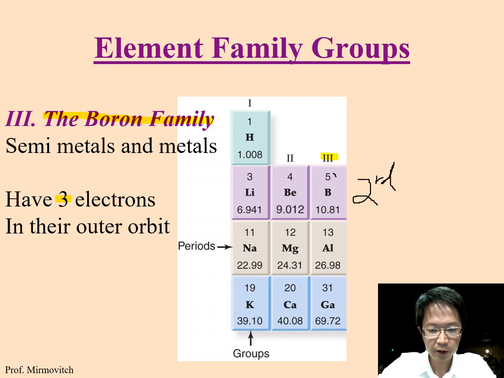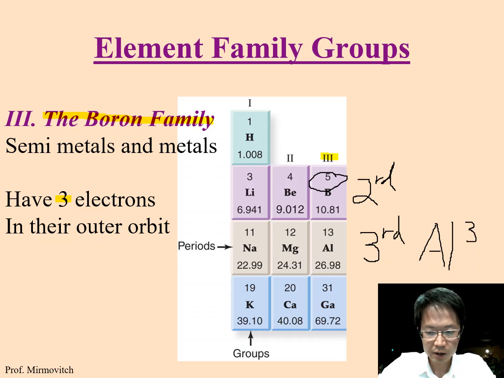You can see that 5 is the atomic number. That means it has 5 protons, and then that means it has 5 electrons. So 2 electrons on the first orbit and then 3 electrons on the second orbit. Aluminum has 3 electrons on the third orbit. When it becomes an ion, it is Al3 plus.